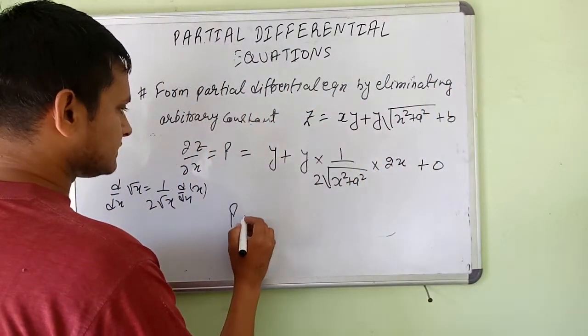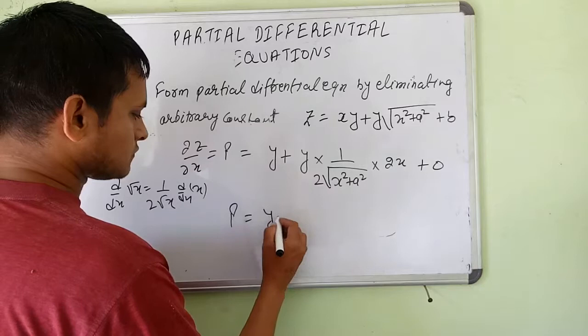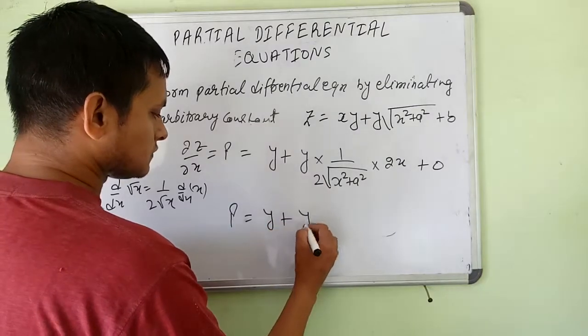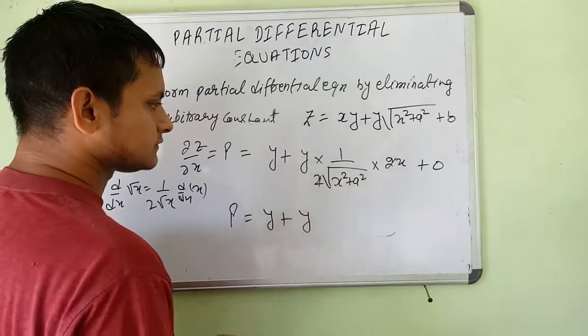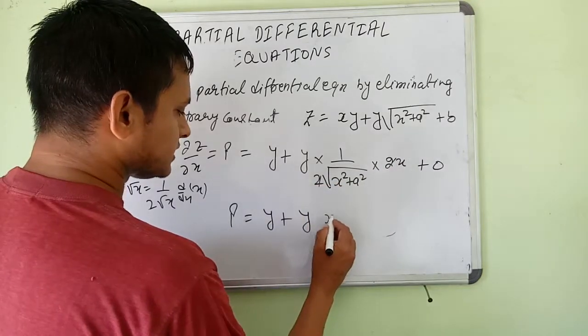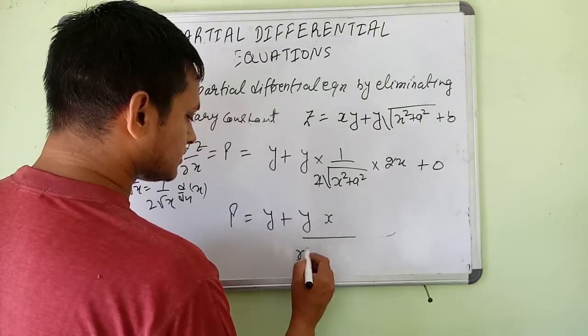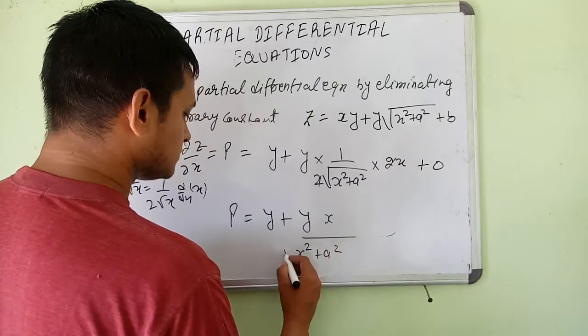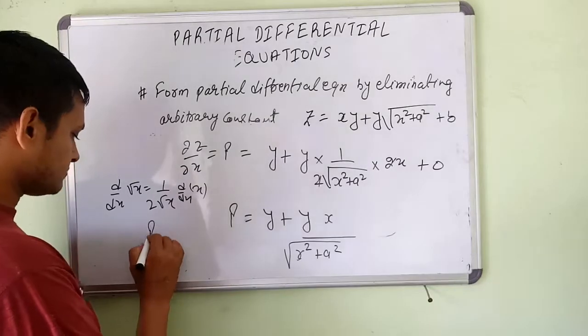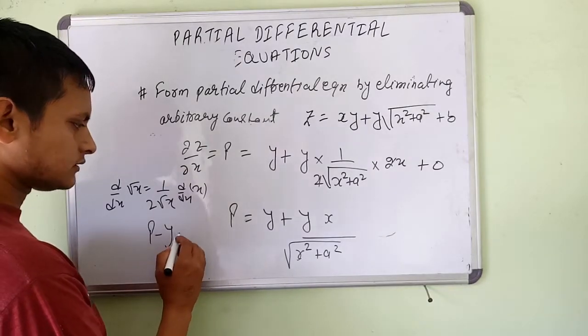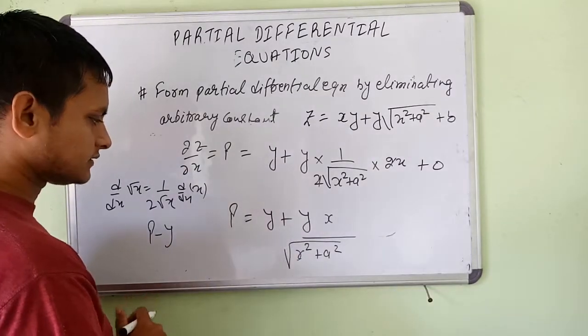So now p is equal to y plus y. Now 2 and 2 cancel. It is x divided by x squared plus a squared. So p minus y, now take y common.